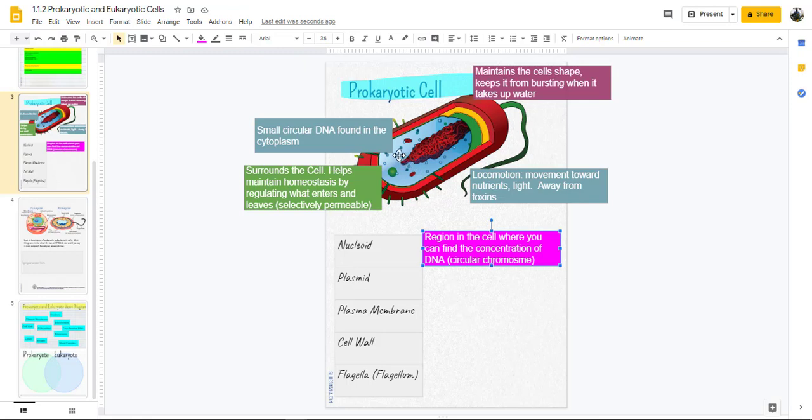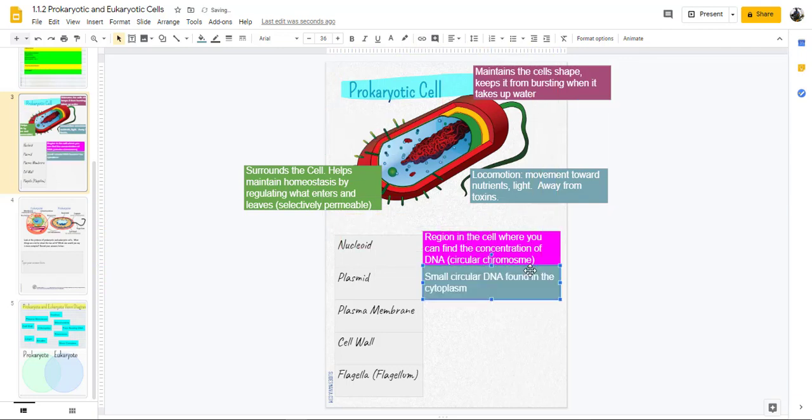Okay, so also related to DNA, up here, this is about these little squiggly lines, they're also red. Those are also small circular pieces of DNA, and they are called plasmids. So they're free-floating out in the cytoplasm. They will become very important when we talk about biotechnology.